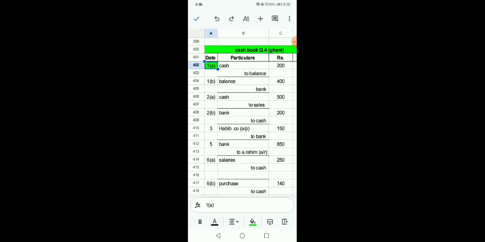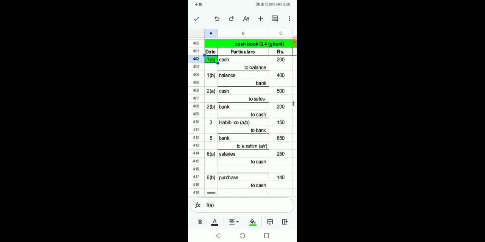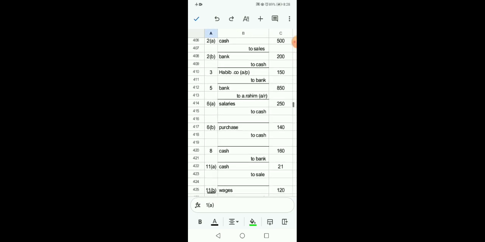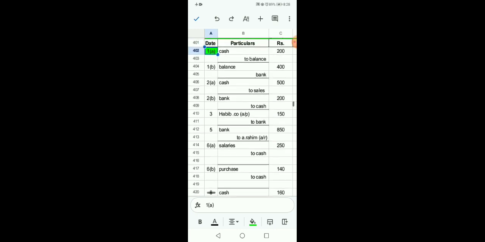And secondly, there is a fear of skipping an entry. When there are so many entries, there is a chance that you can skip one entry. When you mark, it means we are satisfied that the entry has been posted into the ledger. It means it has not been skipped. So if you mark, then the two fears, fear of skipping and fear of doubling the entry, will be minimized.